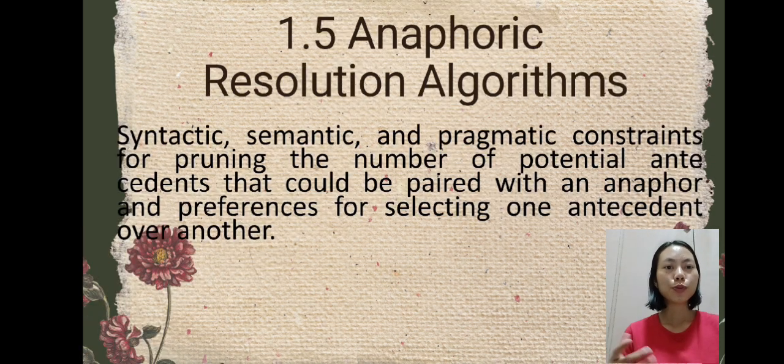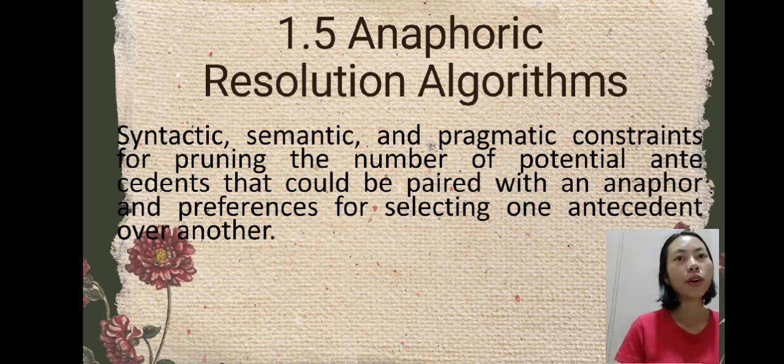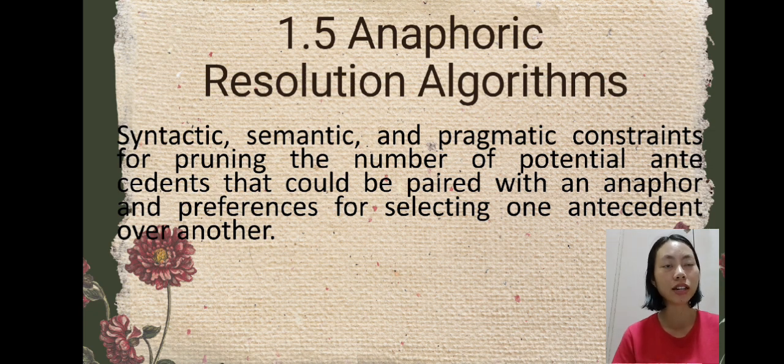Now, let's move on to the last type of anaphoric resolution information, which is the anaphoric resolution algorithms. Most algorithms attempt to capture syntactic, semantic, and pragmatic constraints for pruning the number of potential antecedents that could be paired with an anaphor, and preferences for selecting one antecedent over another.